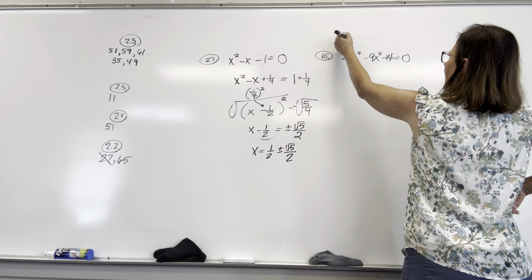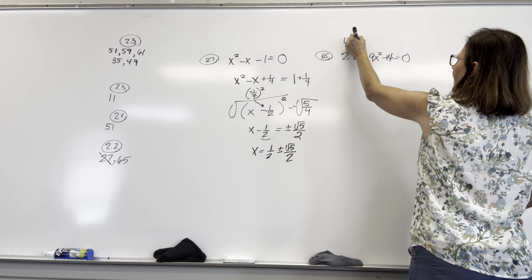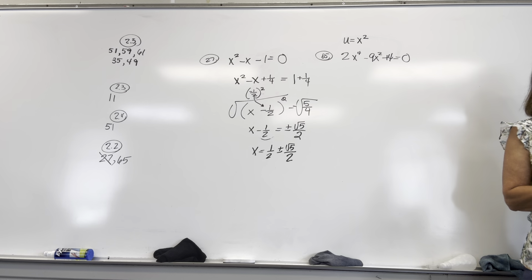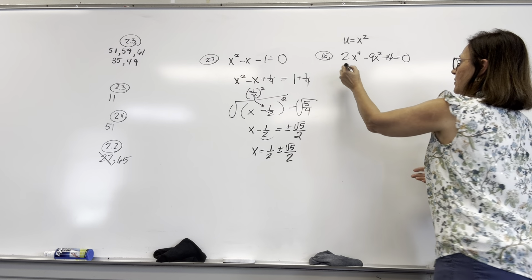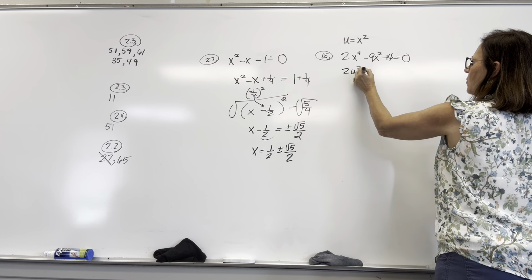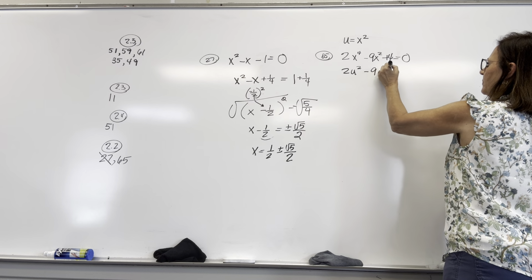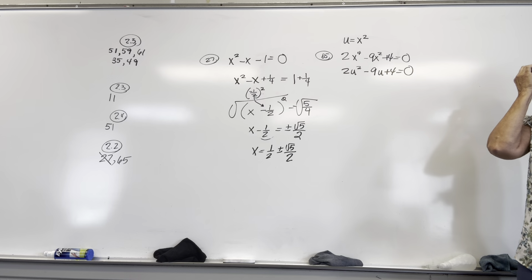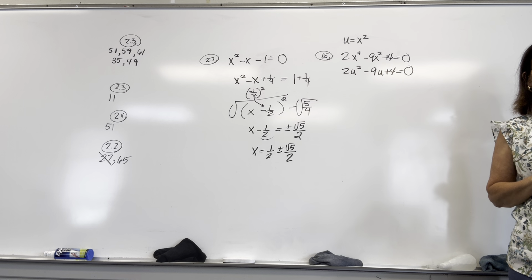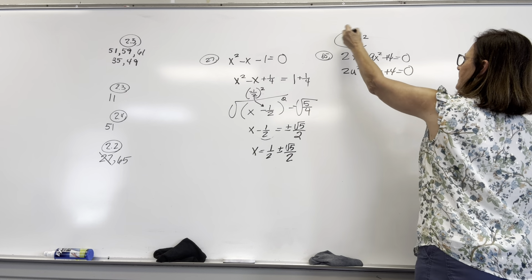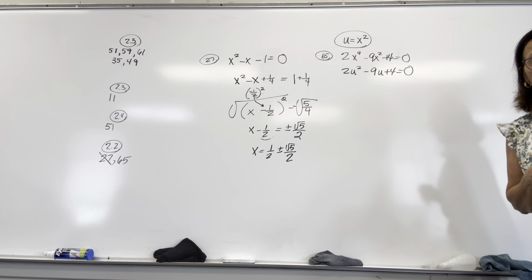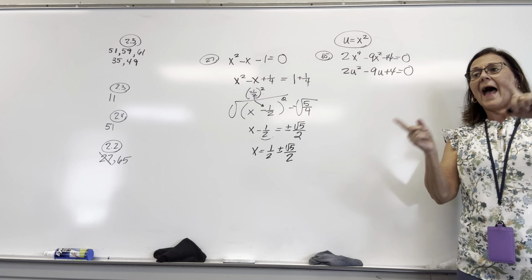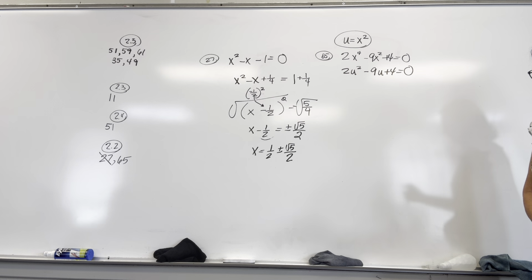All right, I'm going to make u equal to x squared when we have a 4th, a 2nd, and a constant, so it looks like a quadratic. So this becomes 2u squared minus 9u plus 4 equals 0. So I'm using this substitution to make it look like a quadratic. Then I go back and put x squared back in for u.